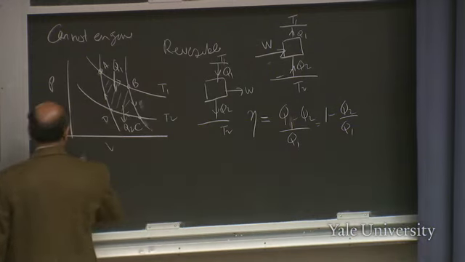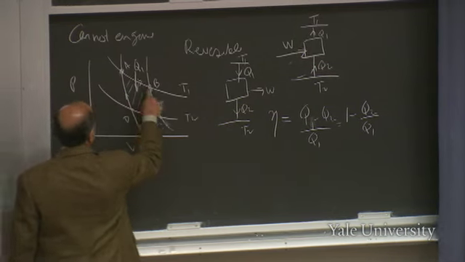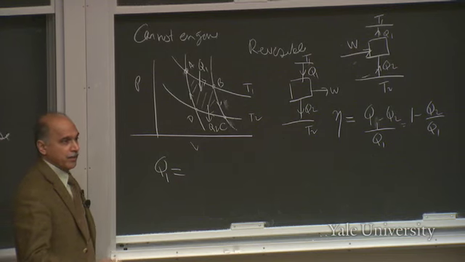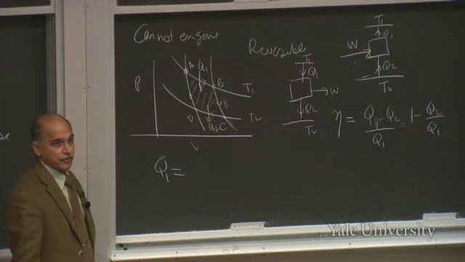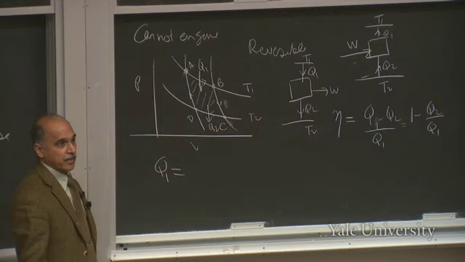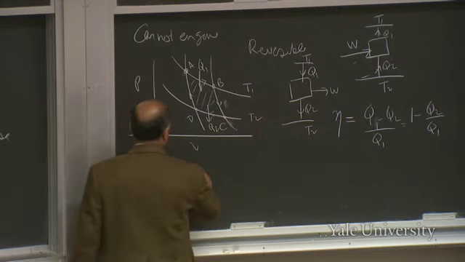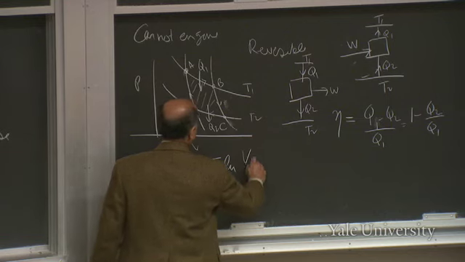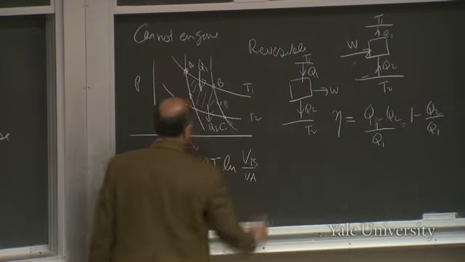Let me tell you why. In the process AB, remember isothermal expansion, the heat input is the work done, because change in internal energy is 0. And the work done, you remember, is nRT1 log VB over VA.